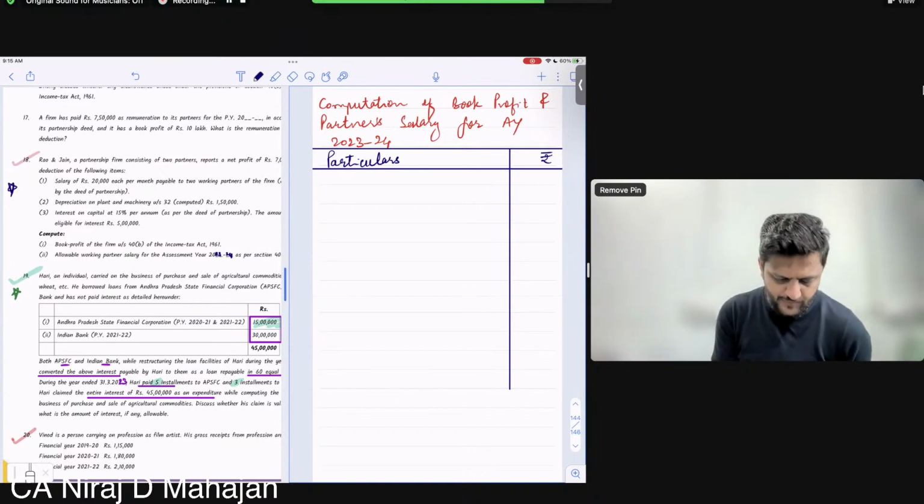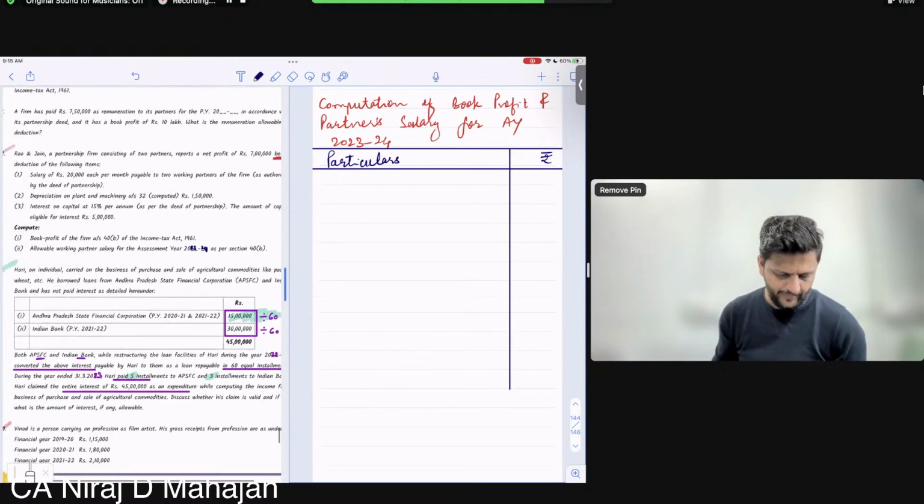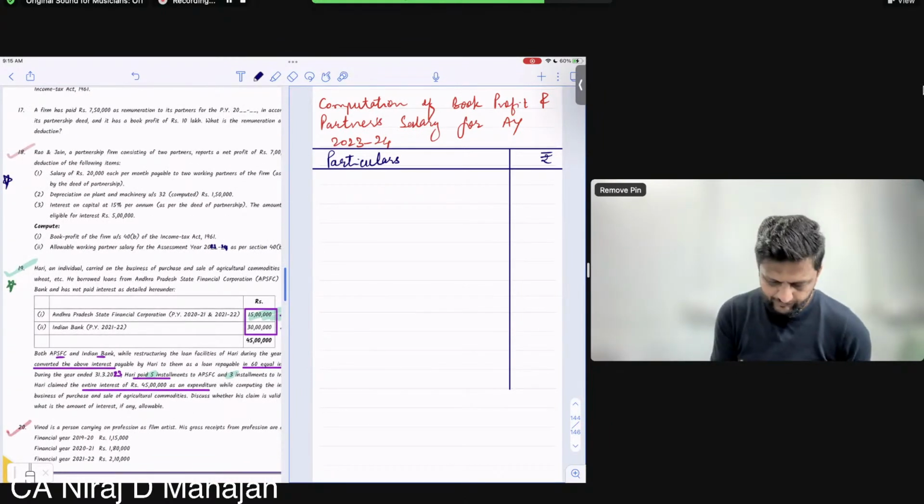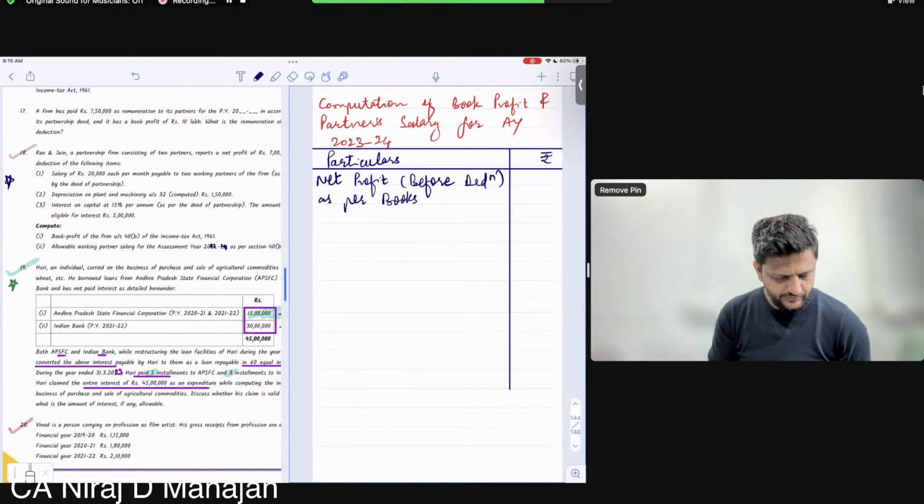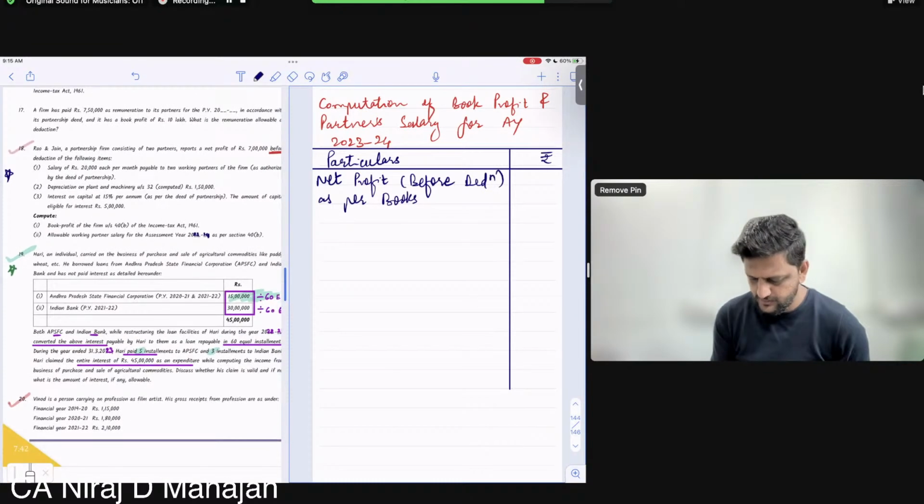What will I write down? Net profit as per, they have given it the firm, whatever. Net profit, as per books. Okay? So before deduction, as per books. How much, बच्चों? 7 lakhs.